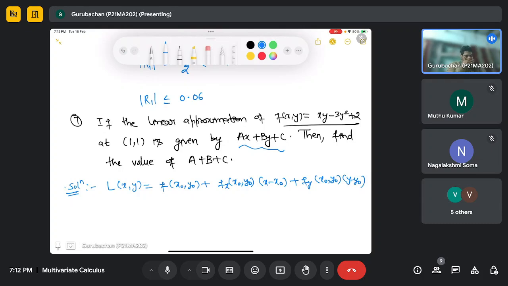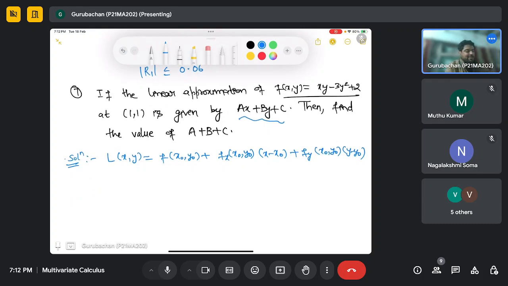This is the linearization of this function of two variables f(x,y). So let us calculate f(1,1). This will give you 1 minus 3 plus 2, which is nothing but 0. Now the partial derivative of f with respect to x is y minus 0 plus 0, which is y. That means at (1,1) it will be 1.